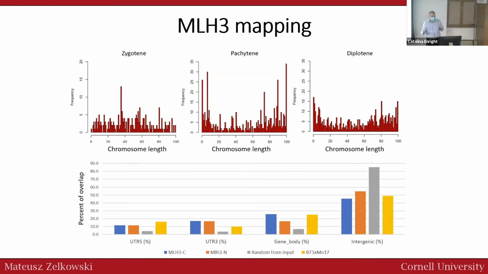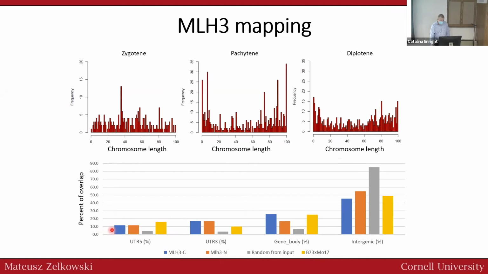And later, when we go to the fine scale, we check the MLH3C and N in the different genic or non-genic regions and UTRs, which are untranslated regions, where the percentages of MLH3 correspond to the real crossovers mapped by genetic mapping.